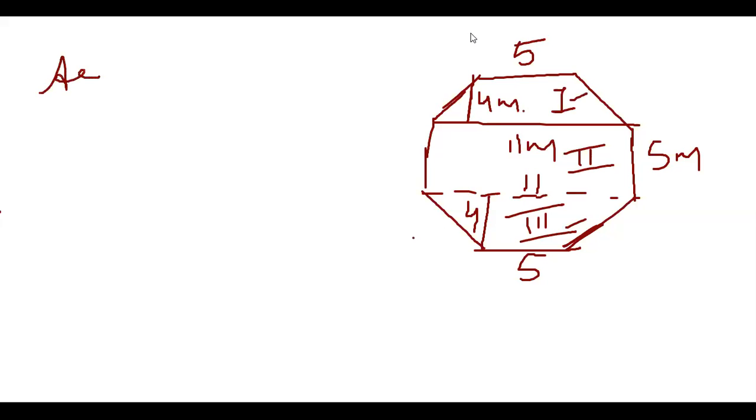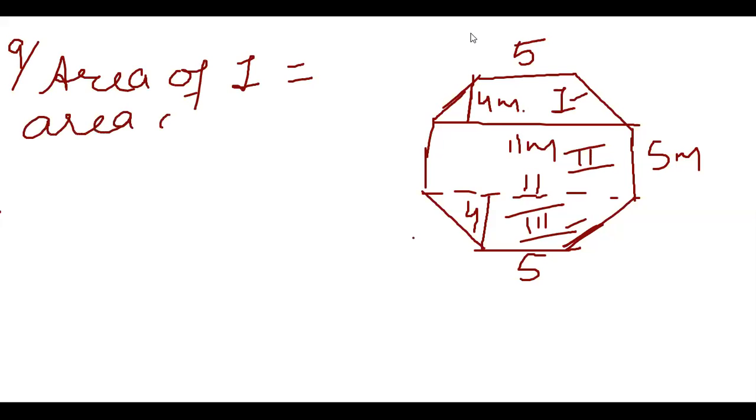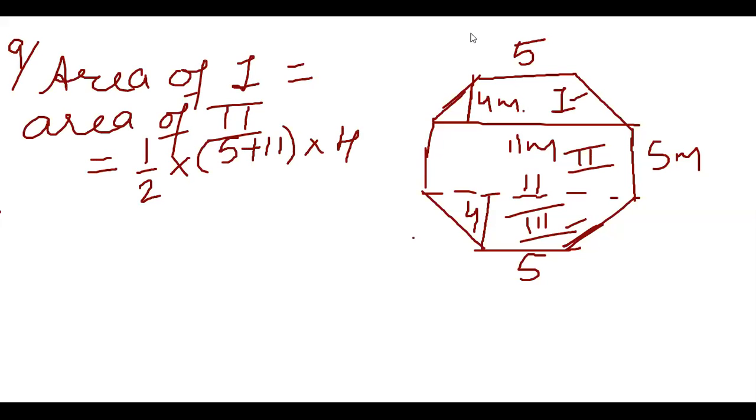So let's find out. This is question number 9. Area of region 1, which is also equal to area of region 3, which is a trapezium. It will be half into the sum of parallel sides. Parallel sides are here 5 and 11 and the height is given here 4. Then solve it.